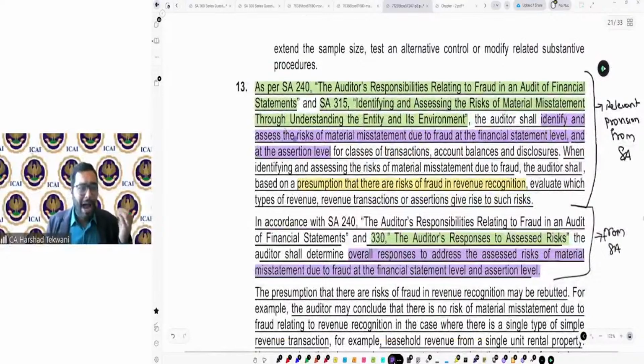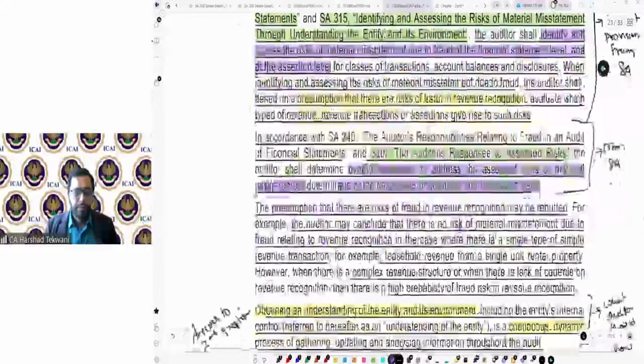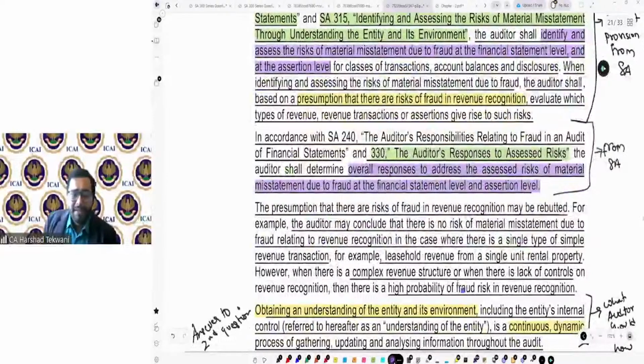SA 315 talks about identifying and assessing. SA 330 talks about the overall response to address. Once you identify and assess, now create an overall response. And instead of using the word risk, use the words risk of material misstatement due to fraud or error.